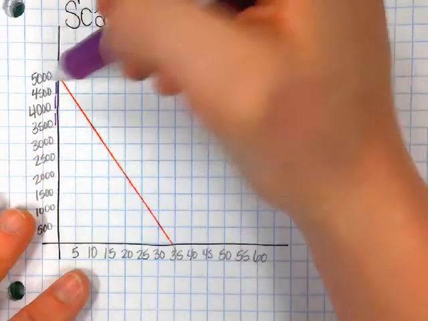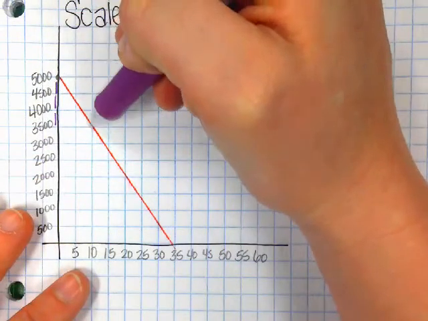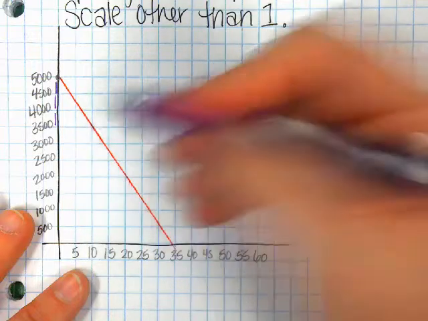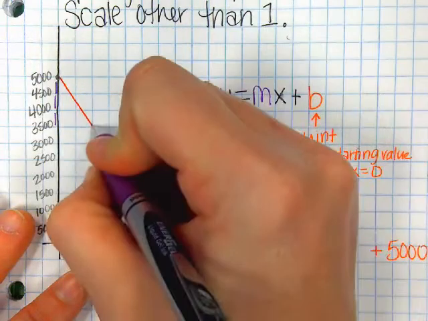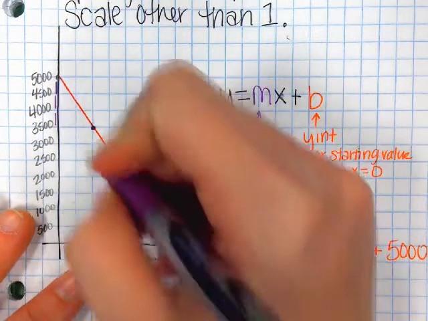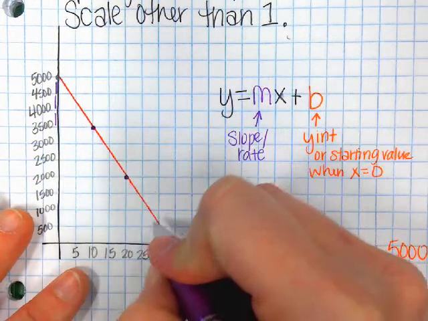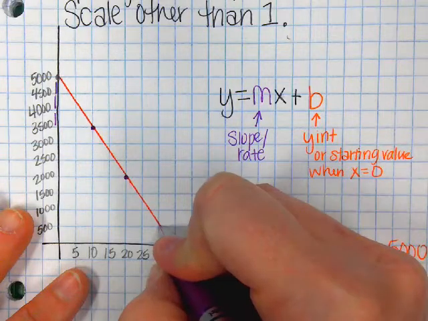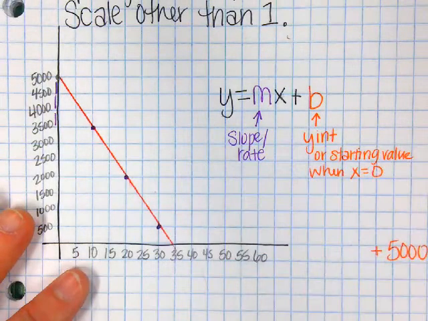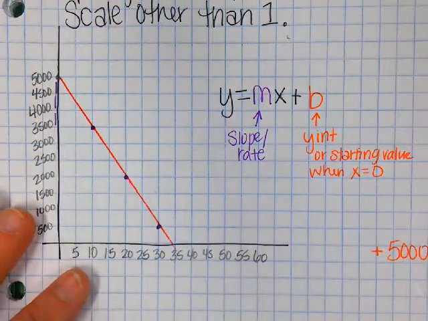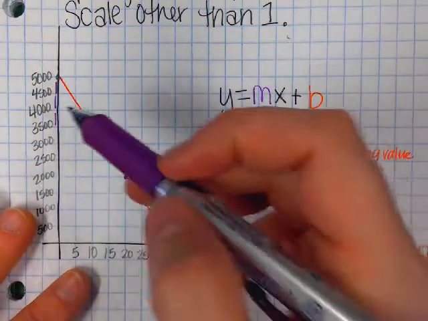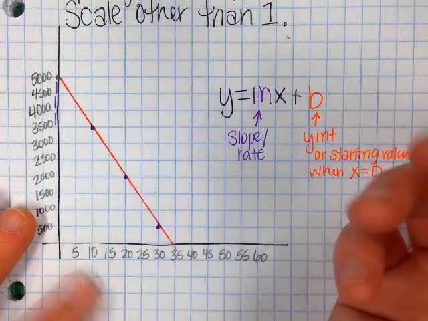If you notice, you want to look along this line at where it crosses in those grids. I don't have any points, but you know it crosses right there, and right there. It was supposed to cross right there, but I didn't do a very good line. Of course, whenever they actually graph it for you, it will be a better line.